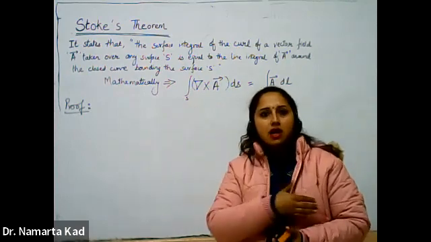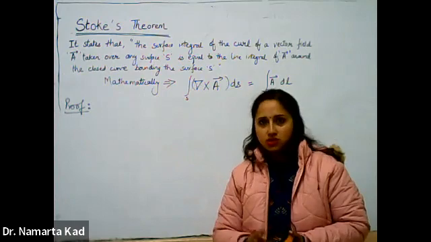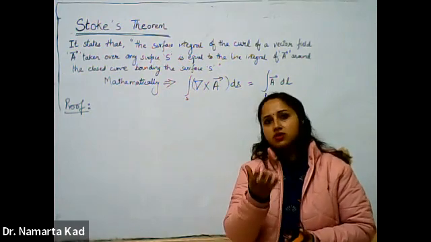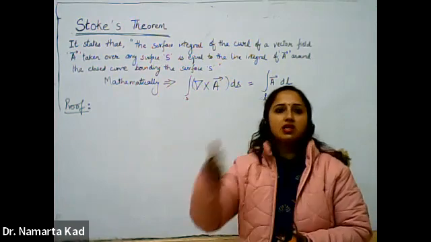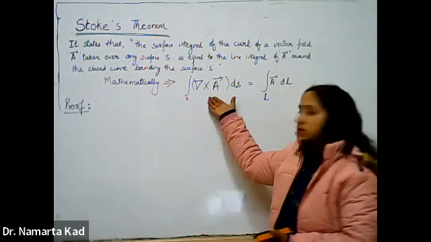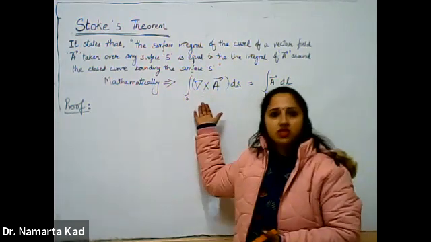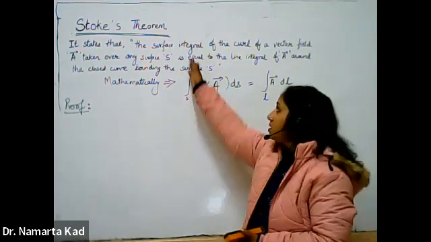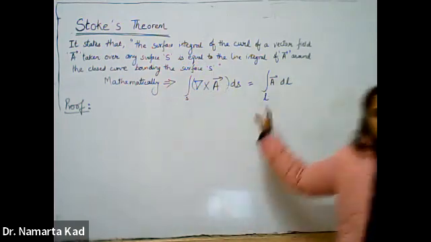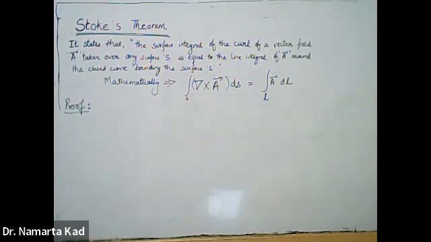In the last lecture we also covered the Gauss divergence theorem. That theorem is used to convert the surface integral into the volume integral, and instead of curl, in the Gauss divergence theorem there is the divergence, whereas in Stokes' theorem it is the curl. So what is the difference?